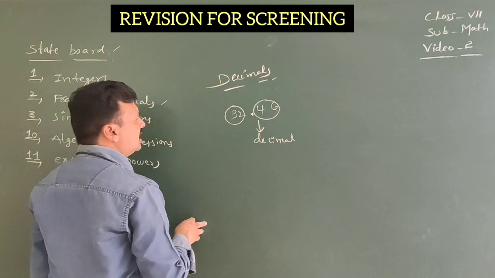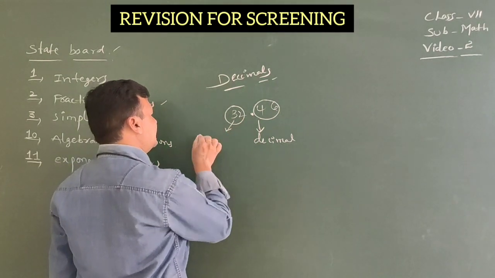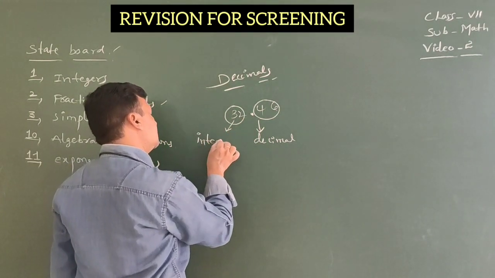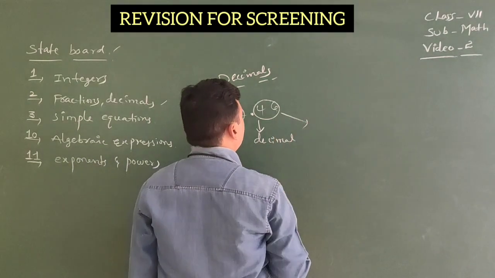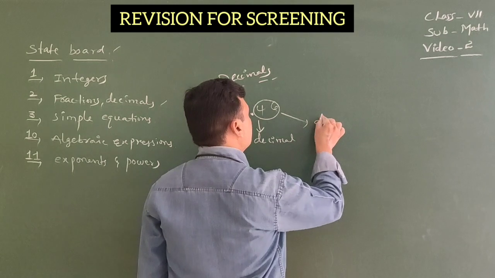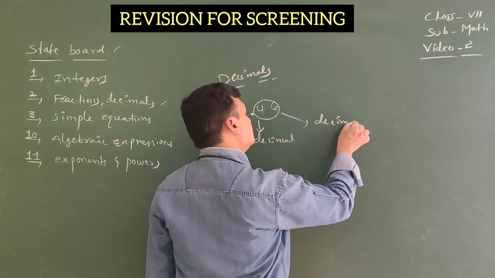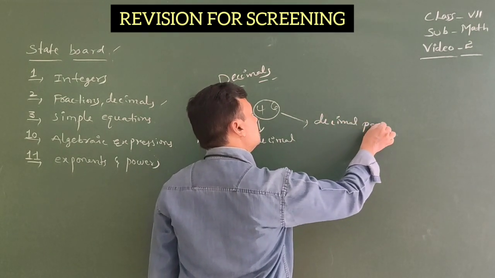The left side of the decimal point is called the integral part or whole number part. The right side of the decimal point is called the decimal part.